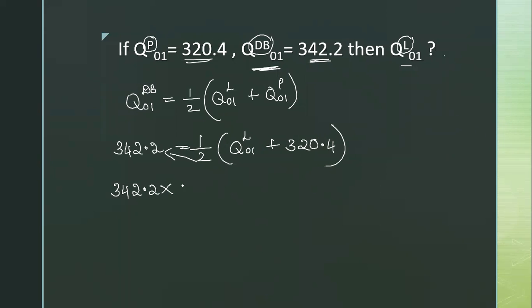342.2 into 2 is equal to 1, and the value of 1 is equal to 1 only. What remains is Q01 under Laspeyres plus 320.4. The ones who have found the total answer, good. The others who have not understood, give me the answer of 342.2 into 2.